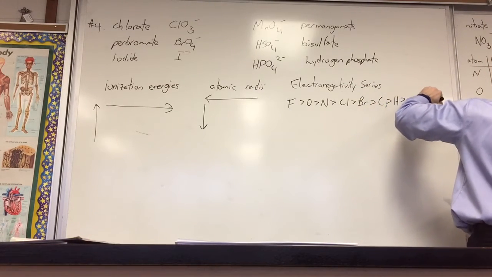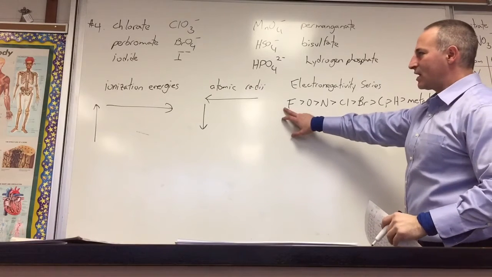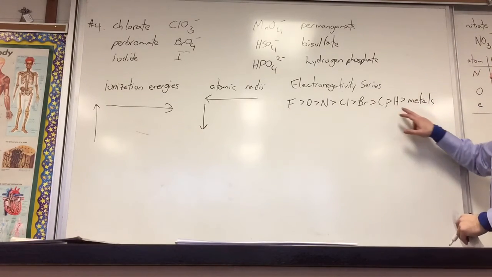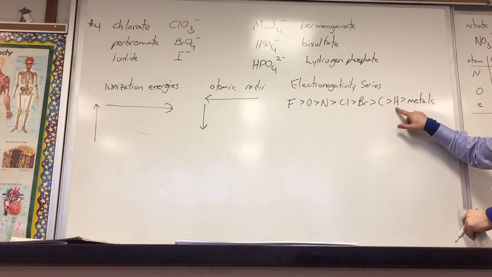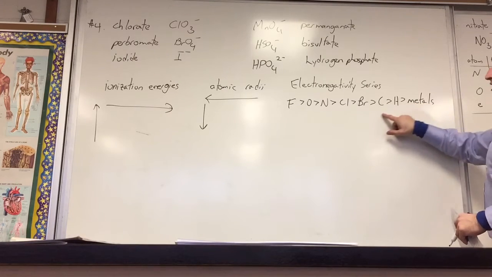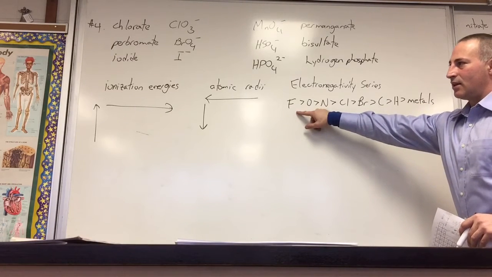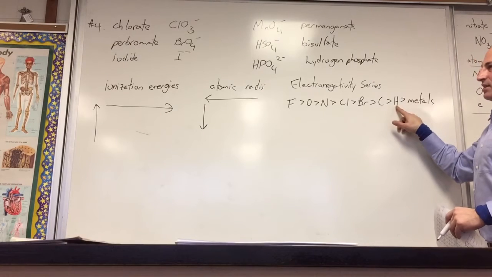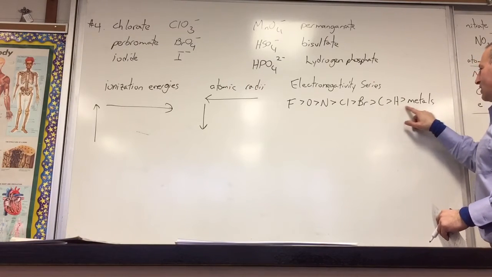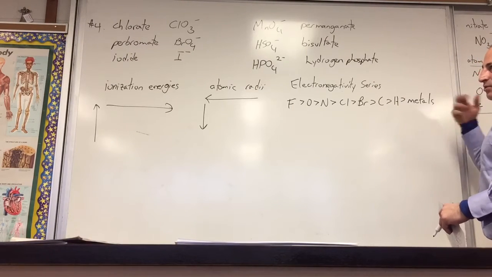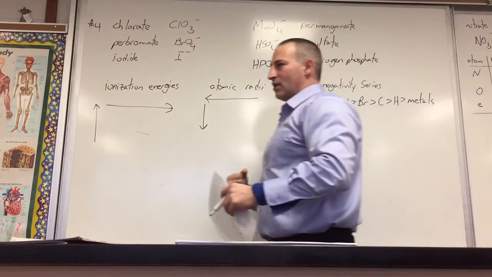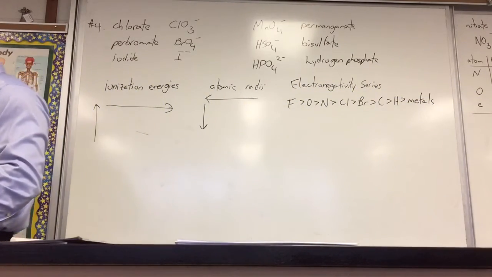Fluorine is the most electronegative element. Metals are the least electronegative element. Hydrogen is sort of in the middle. If you pair a hydrogen atom with any of these guys, then the hydrogen will act positive. If you pair hydrogen with any metal, the hydrogen will be negative. It will actually take the electrons away from the metal.